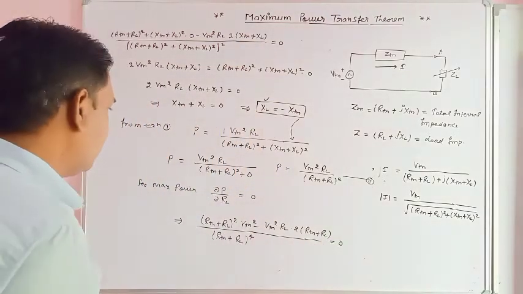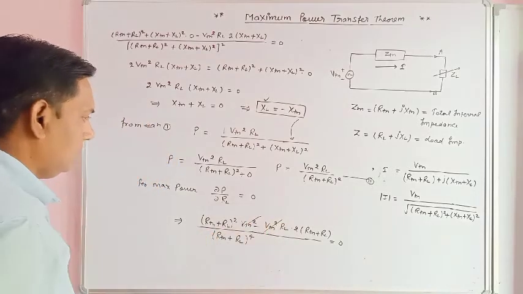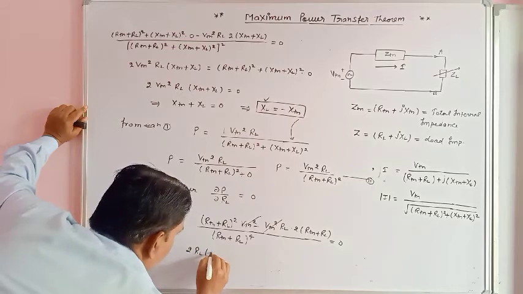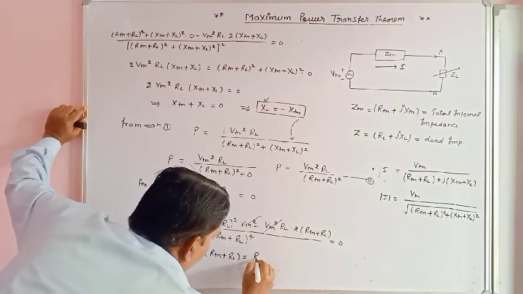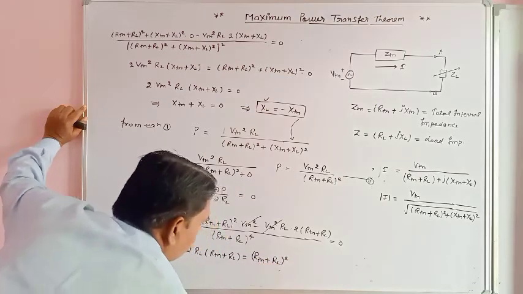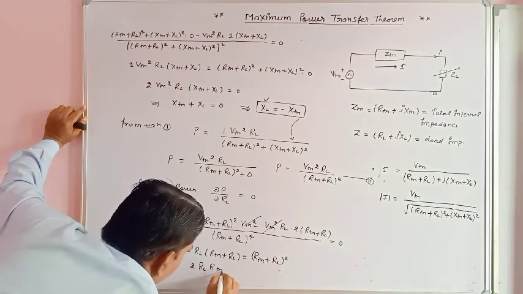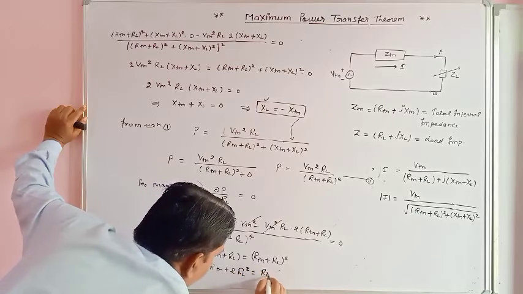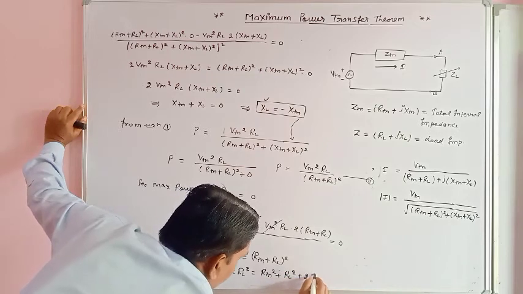From here we get the condition; this VTH square will cancel. So we have the condition 2 into RL into (RTH plus RL) is equal to (RTH plus RL) whole square. From here it will be 2 RL RTH plus 2 RL square is equal to RTH square plus RL square plus 2 RL RTH.